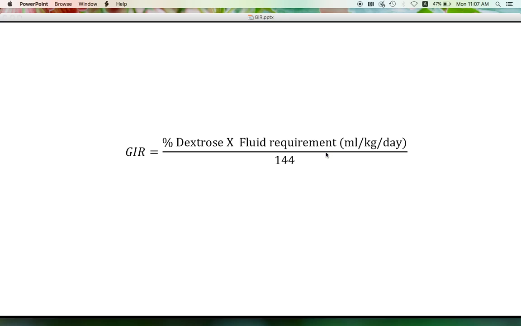So friends, this is the formula for calculating GIR, and unfortunately we have to memorize it. GIR is equal to percentage of dextrose times daily fluid requirement in ml per kg per day, divided by a factor of 144. The GIR is the part we have to decide. We usually start with a GIR of 6, then titrate it according to target blood sugars.